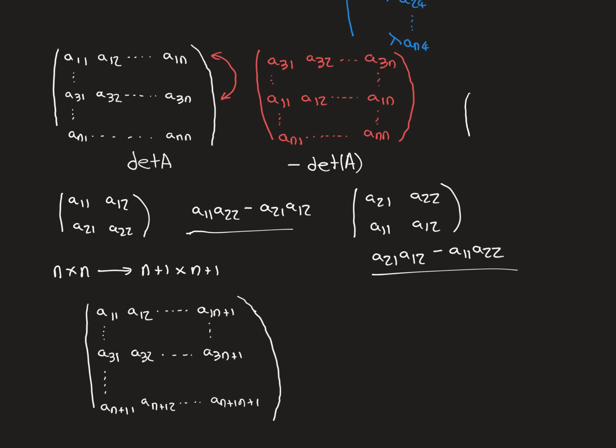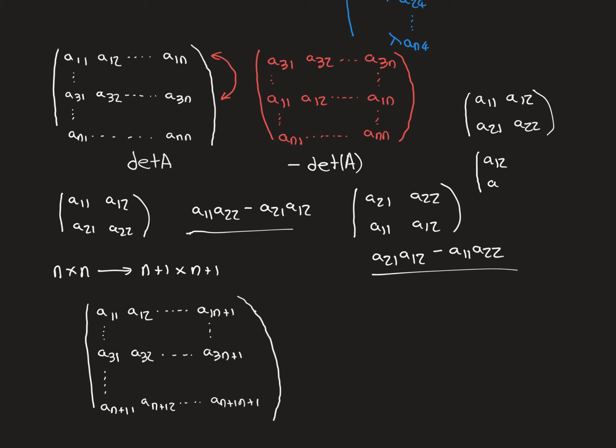So if you again consider this 2 by 2 case, A11, A12, A21, A22, its determinant is nicely written here. Now consider swapping the two columns rather than the rows.